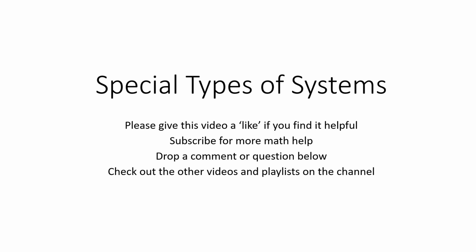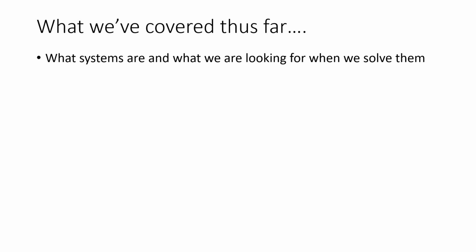Now, I wanted to start this lesson by going over what we've covered thus far as we've studied systems of equations. The first and most foundational thing that we've looked at is what systems are and what we're looking for when we solve them. Far too many math students just try to memorize all the different kinds of problems and what they're supposed to do when they see those problems, rather than getting at what is a system.